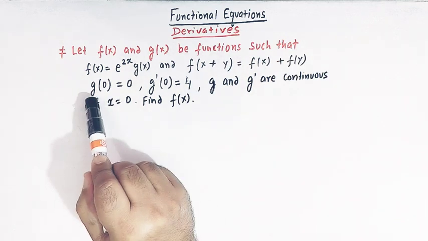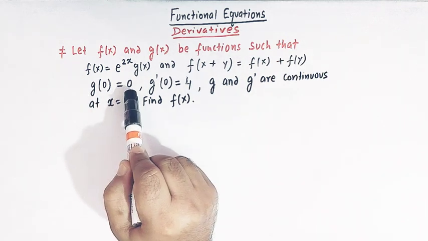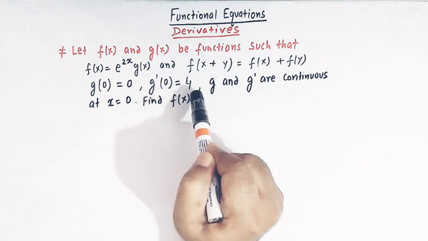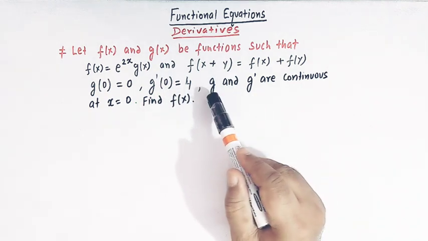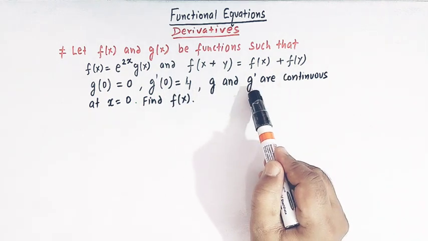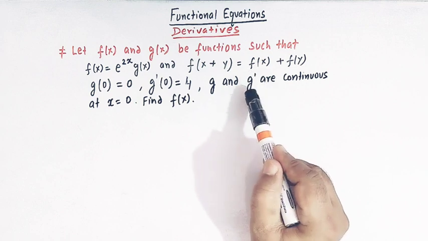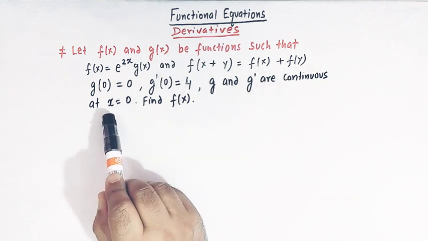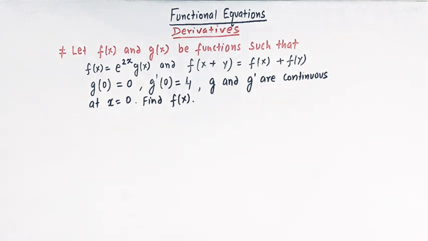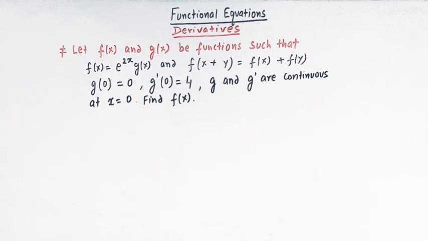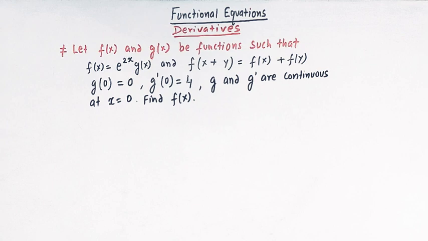And g of 0 is given as 0, g prime of 0 is given as 4, and here g and g prime, that is the derivative of g, are continuous at x is equal to 0. So we have to find the function f of x, or in other words we have to find the form of f of x.